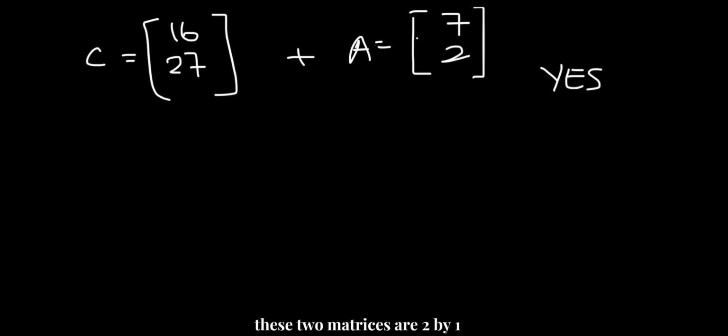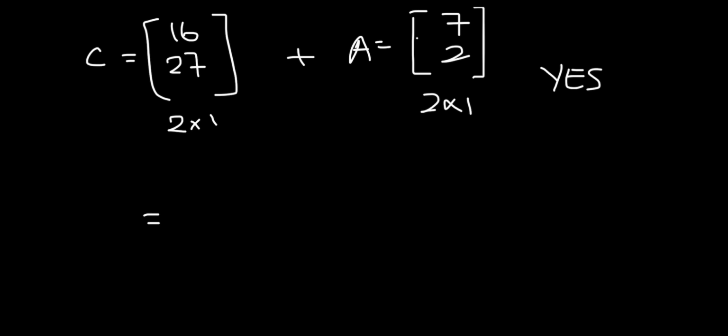These two matrices are 2 by 1. Therefore, it is possible to add them. And the result is 16 plus 7 is 23. 27 plus 2 is 29.